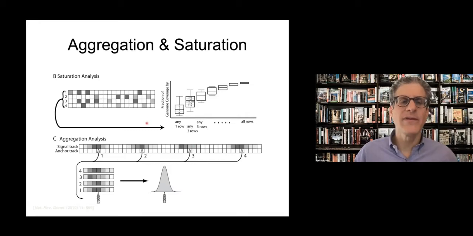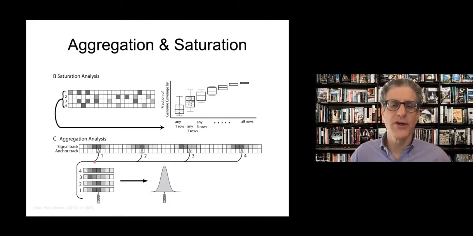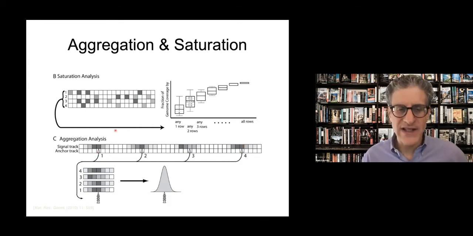Another type of calculation that people do very often in genomics, which is a little less intuitive from a machine learning perspective but very common in genomics, is what's called aggregation analysis. So they'll have this genome, the sites on the genome here, and the different features going down, and they'll pick some sites as anchors.